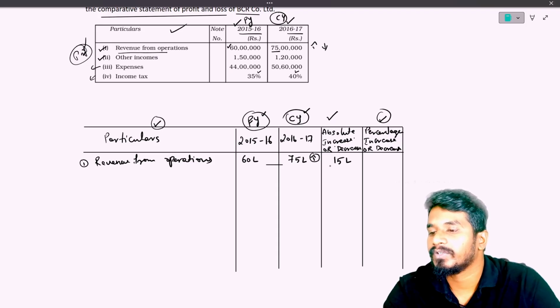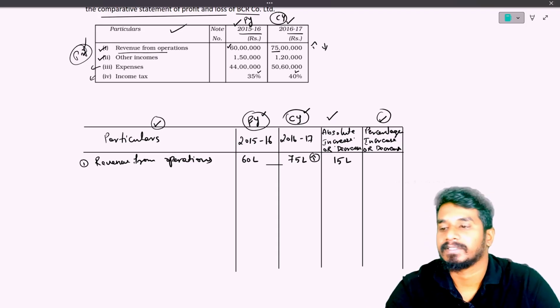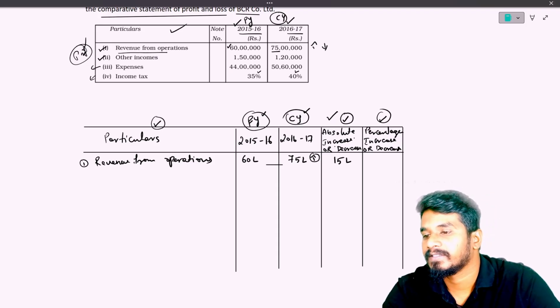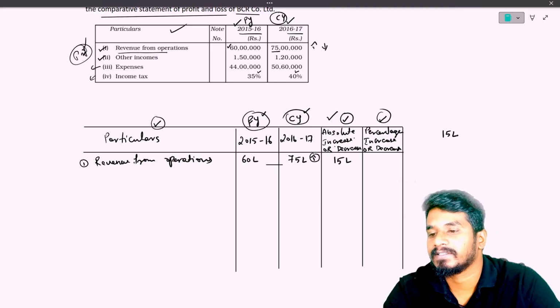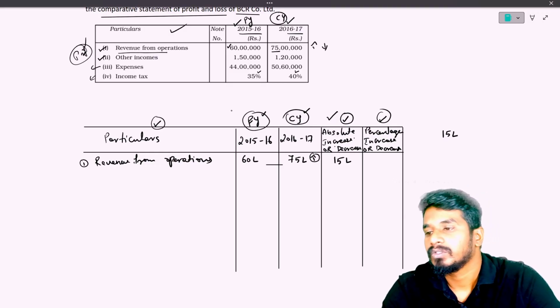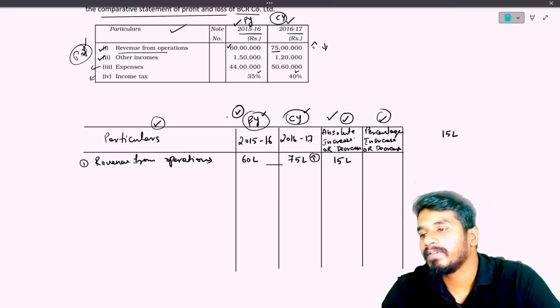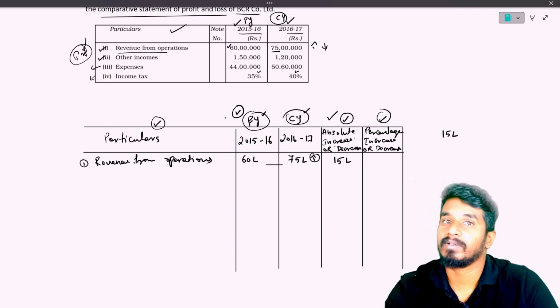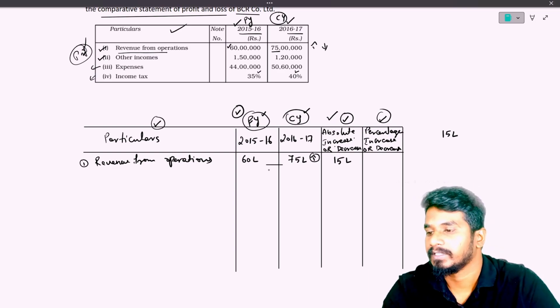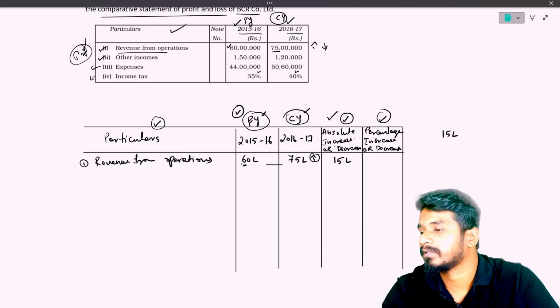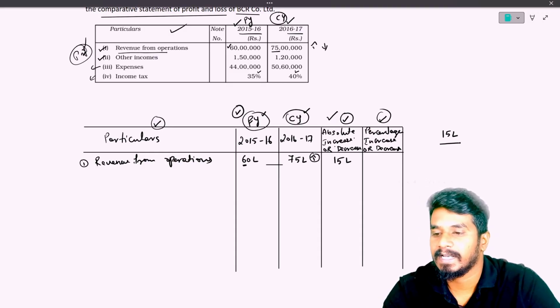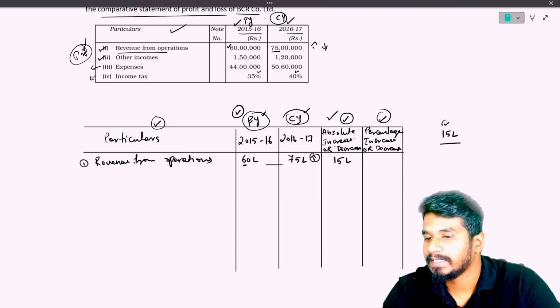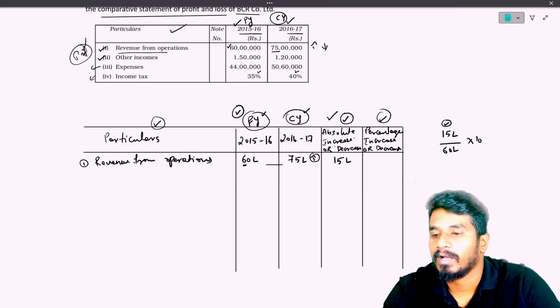Right. So what is the percentage? How can we get the percentage? Whatever change is there, that is 15 lakh, is the change. And we need to compare with the previous year, then only we'll get the right percentage. So the change divided by the previous year amount, 60 lakhs, into 100.